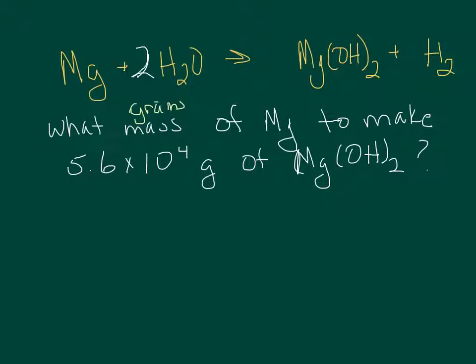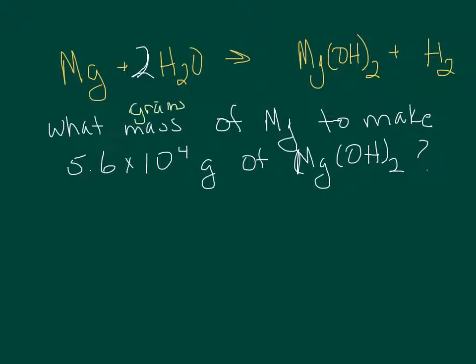And now I have this number in scientific notation. Let's change that out to a real number, make it easier to work with. So I have 10 to the 4th. That means that I need to multiply this by, okay, 10 squared is 100, 10 cubed is 1,000, so 10 to the 4th is 10,000.